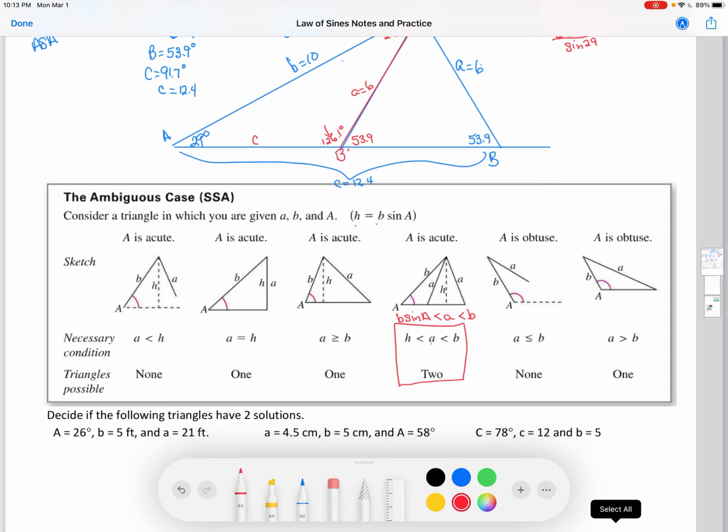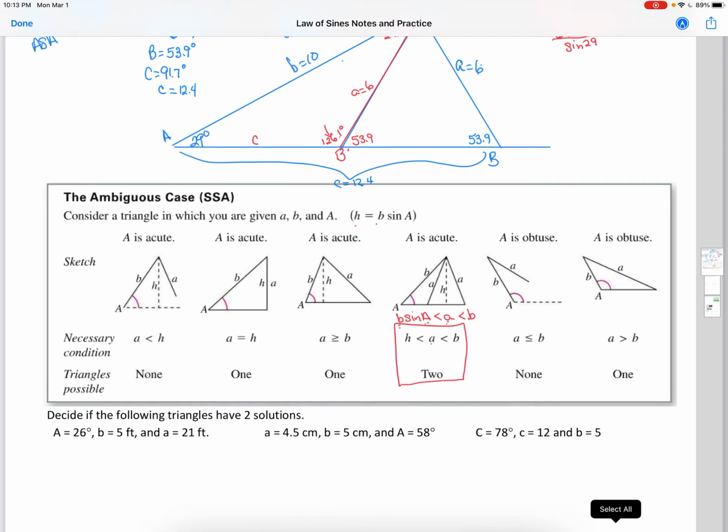You see a pattern here? We found the height a moment ago when we were looking for the height of our triangle. And I see a B, an A, an A, a B. So b times the sine of angle A is less than side A is less than side B. Now there are situations where angle A is obtuse and you don't get a triangle. There's a situation where angle A is acute and you don't get a triangle.